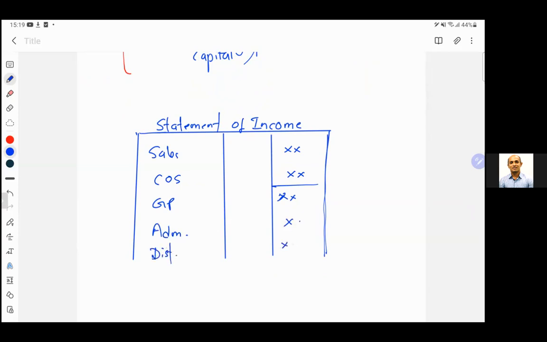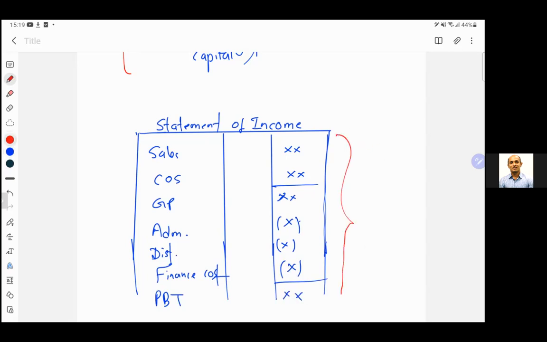So likewise, you see the operating results, finance costs, profit before tax. So these are results of the company's operating activities.